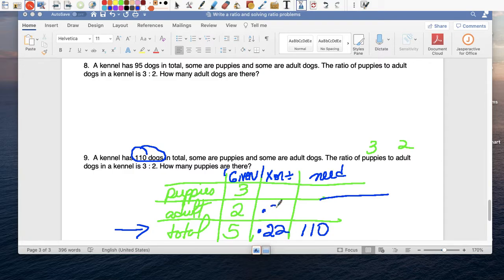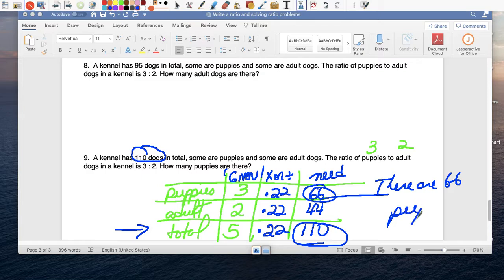So I'm going to multiply this by 22 and this by 22. 3 times 22 is 66. 2 times 22 is 44. So when we have 110 dogs in total, how many puppies? There are 66 puppies. Okay, so that is basically it.